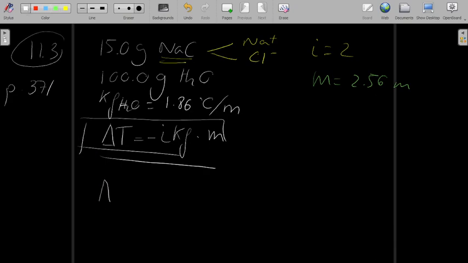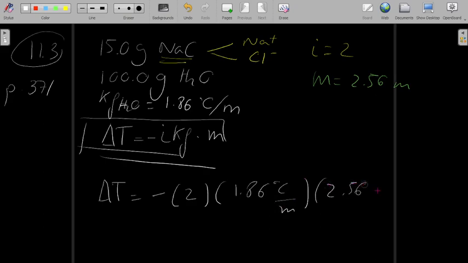The change in the temperature. Temperature when you freeze by adding a solute into it goes down. That's why you put salt on the roads. So it needs a lower temperature to freeze. Negative i, what was i? 2. What was Kf? 1.86 degrees Celsius divided by molality, multiplying the molality we just found, 2.56 molality. Molality is gone.